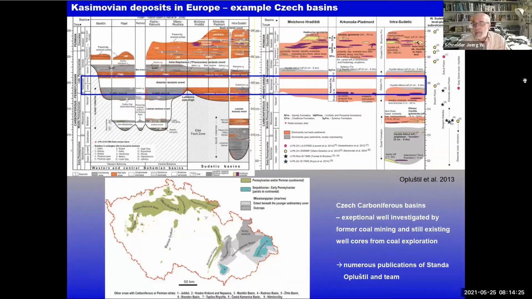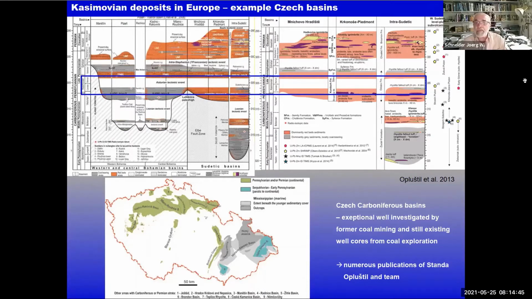And the Czech team, led by Opluštil, made a good job, and you could read about this in many, many publications. But again, you see in the blue frame this gap in the Czech basins during the Kasimovian, which may be caused by a tectonic event.